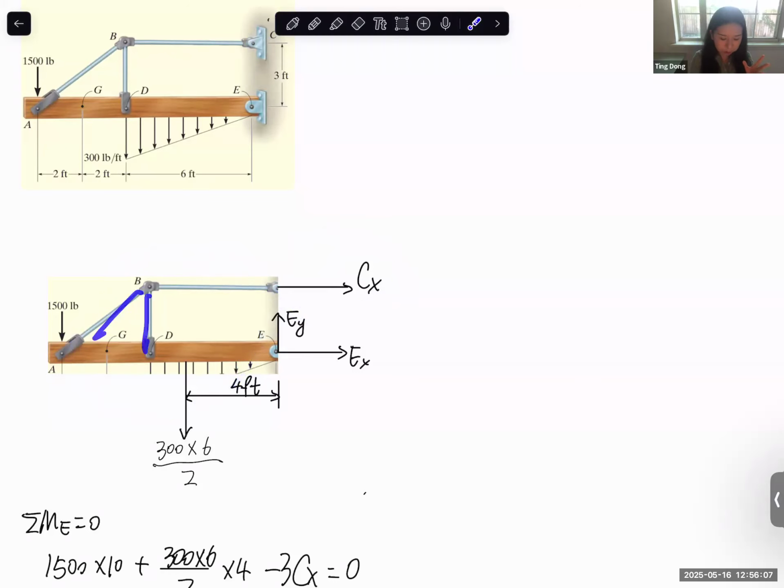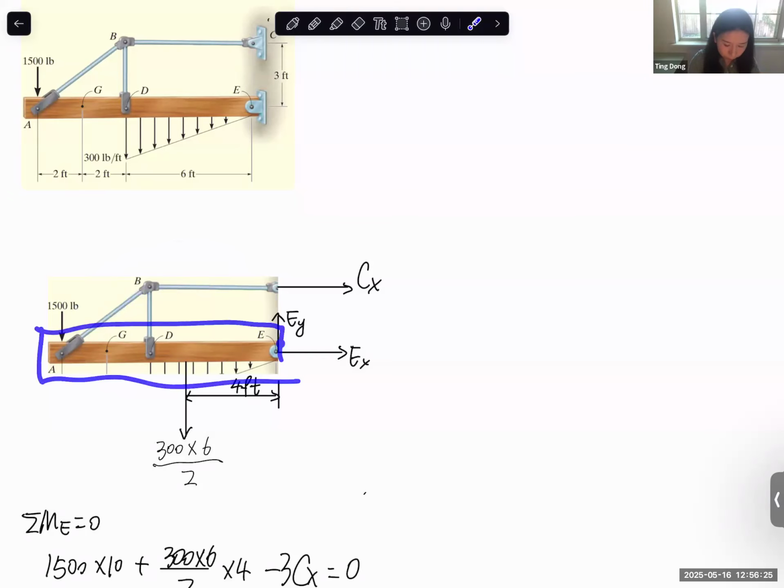Now, all the forces in here and here and here are internal forces. When we do the free body diagram of that section, it's all about the externally applied forces on this section. Let's consider it this way.